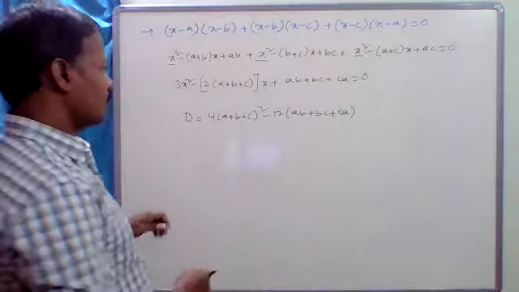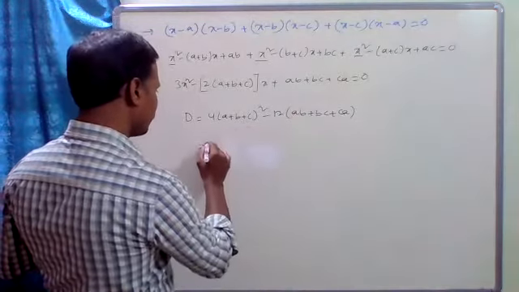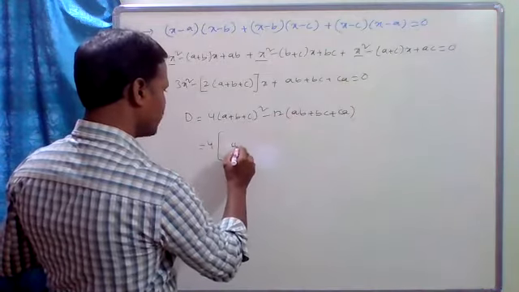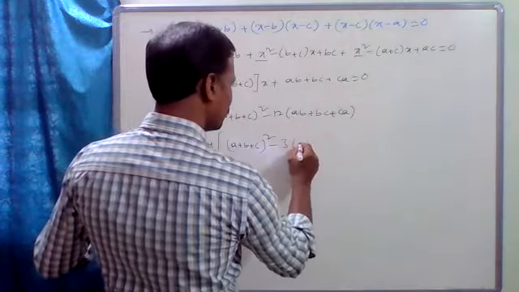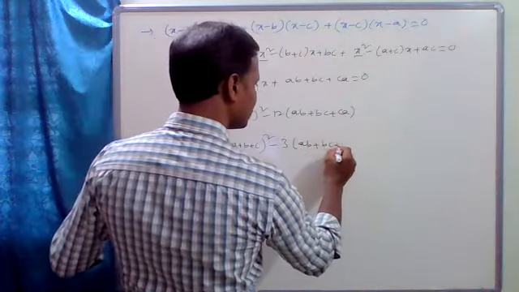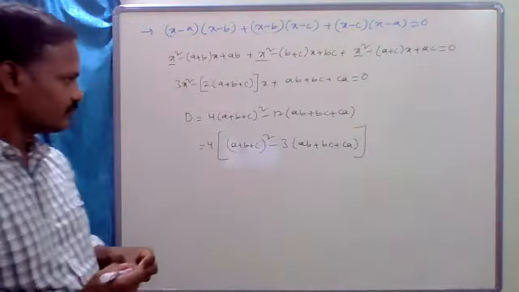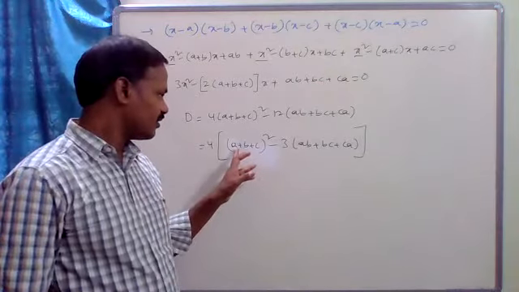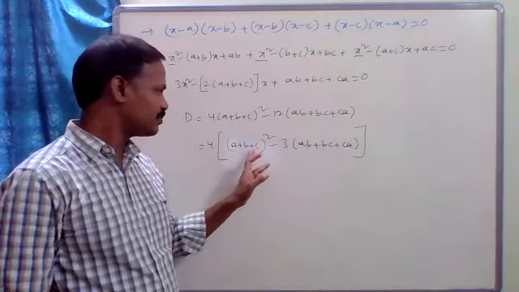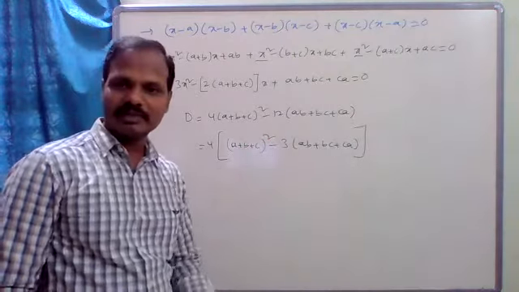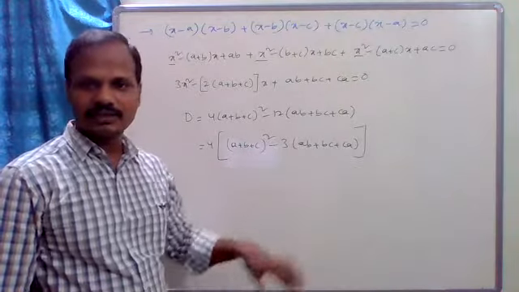So take common 4. If you take common 4, (a plus b plus c) whole square minus 3 into (ab plus bc plus ca). Now see, (a plus b plus c) whole square means a square plus b square plus c square plus 2ab plus 2bc plus 2ca.